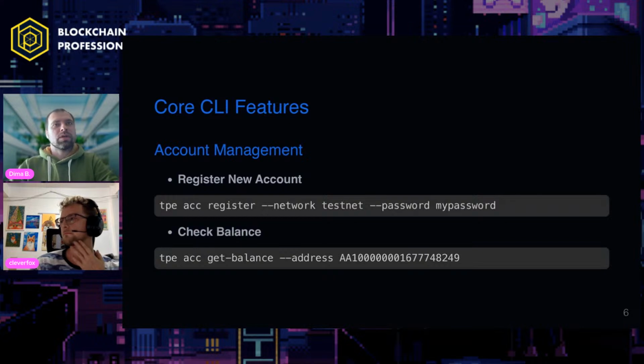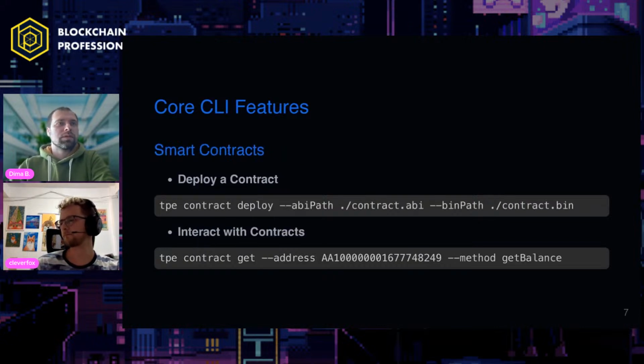You can encrypt your account with a password, and you don't need to save the key openly on your disk. And the three basic features of CLI are smart contracts management, storage management, and container management.